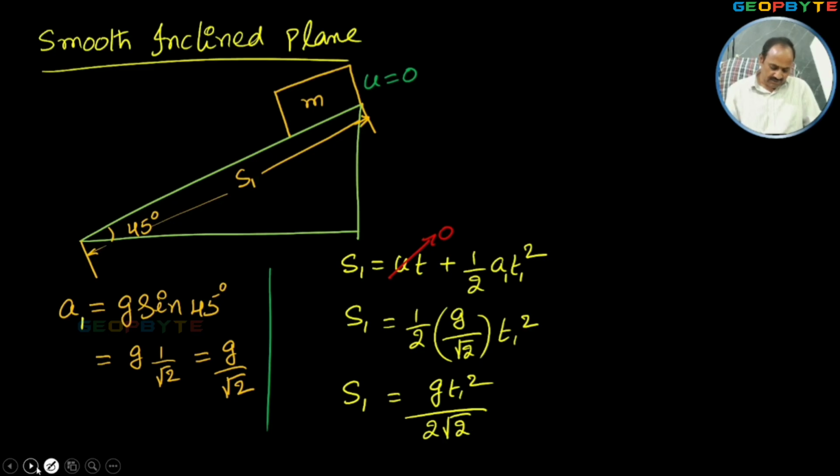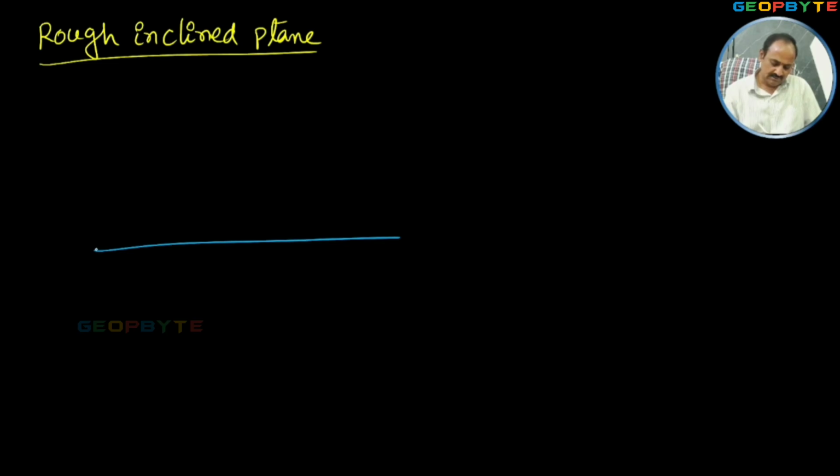Similarly, let us take the rough inclined plane. Rough identical inclined plane, the same angle and the same length of inclined plane. Let us consider the base. This is the plane. The angle is 45 degrees.